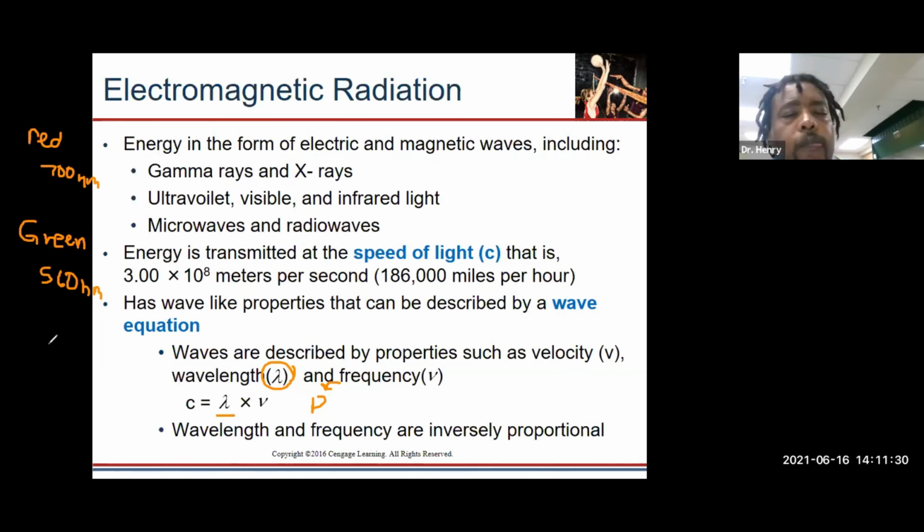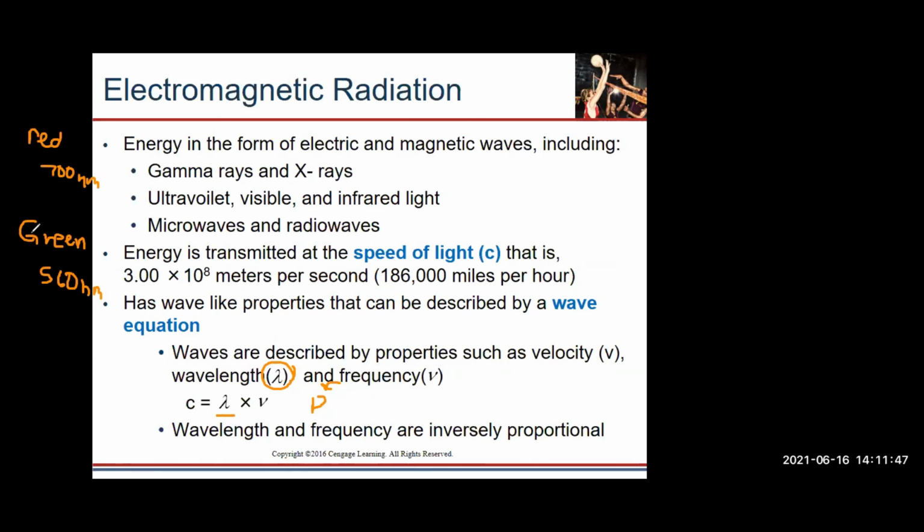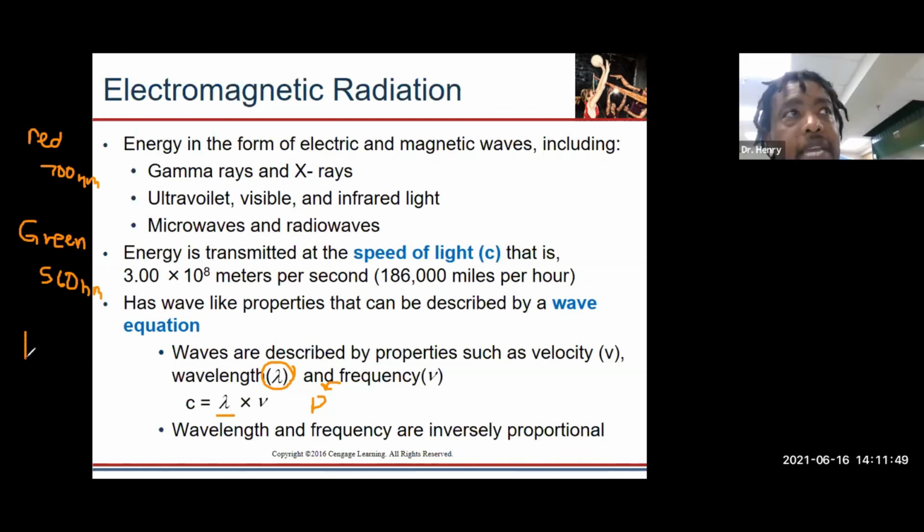Okay, so now you guys are probably saying, what's a nanometer, right? Anybody want to know what a nanometer is? So you guys heard of a meter before, right? Okay, so one meter equals 10 to the 9 nanometers.